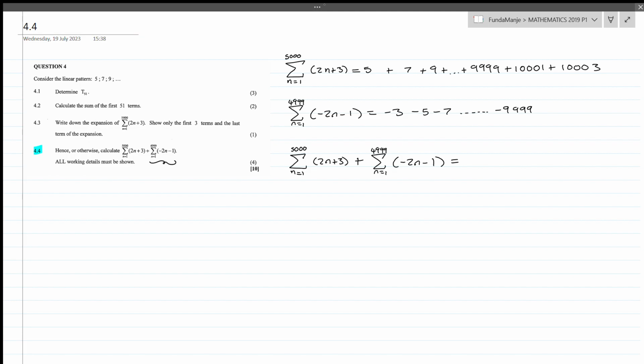And then the last one gives us minus 9,999. And we see a sort of similarity between a few of these numbers. Here from minus 5 all the way to the end here, we see that those numbers occur over here as well. It's just that the signs are opposite.